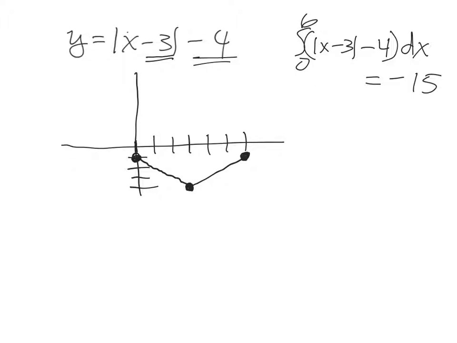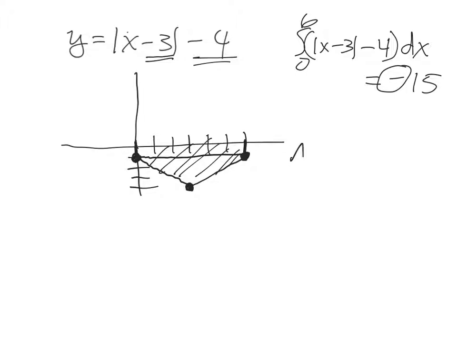But in this case, we get a negative value, which means the area we're representing is below the x-axis. Take a look at the area from 0 out to 6. This area right here, well, we can kind of break it into two parts. It's really a rectangle and a triangle.